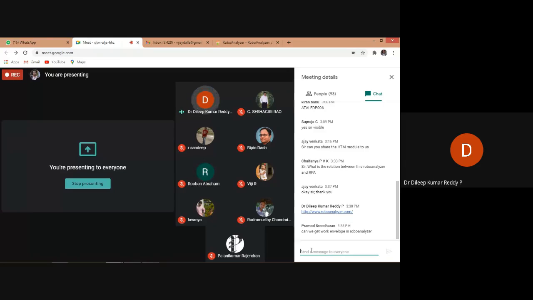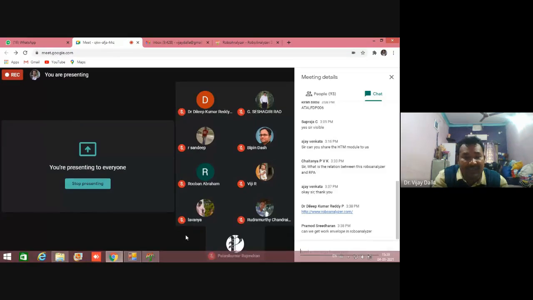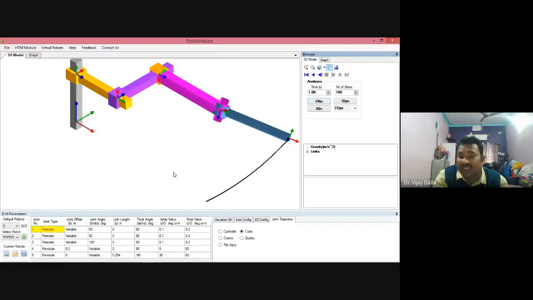One more question. Can we get the work envelope in robo analyzer? Why not try it. For the other participants, work envelope is the workspace, meaning the maximum reach of the manipulator.